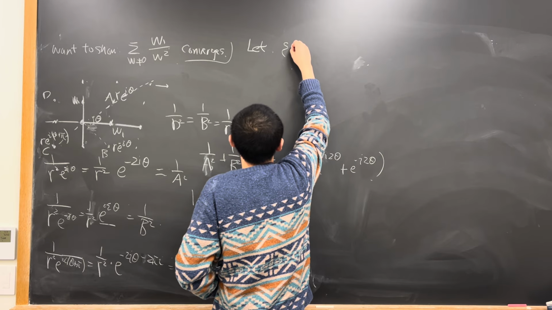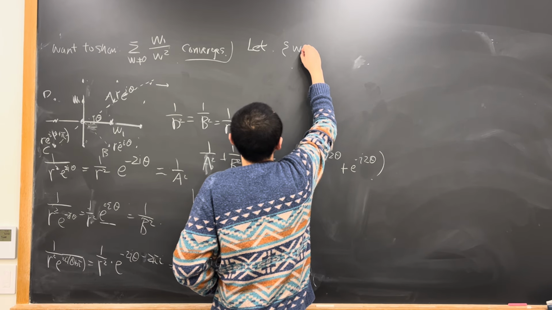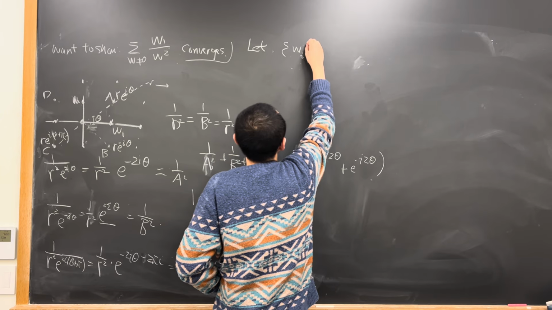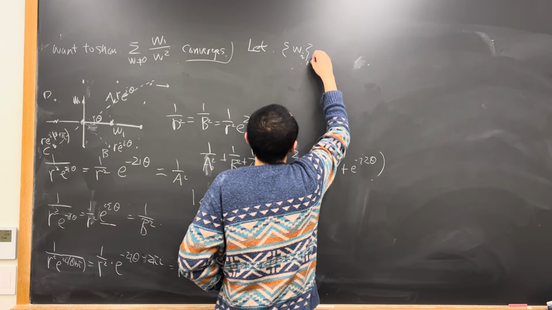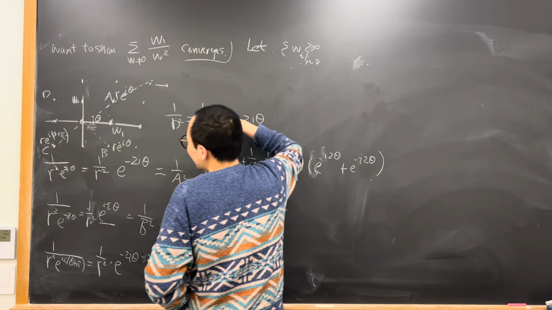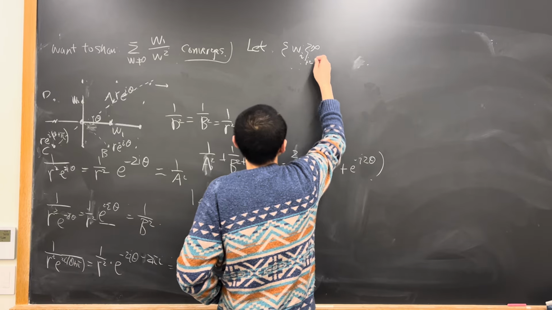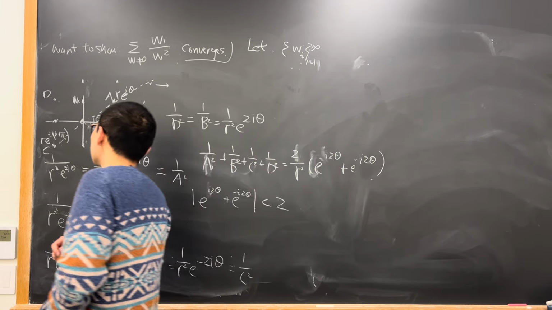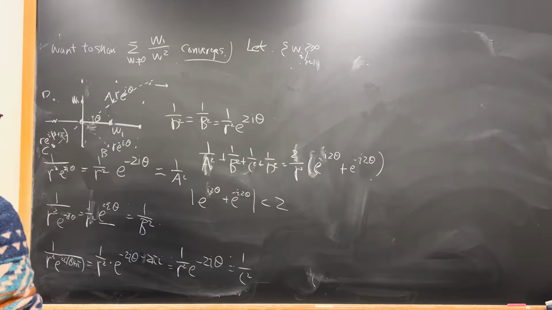So after that, let's say we have an enumeration from 0 to infinity. Oh, actually it's not 0, it's from 1 to infinity.